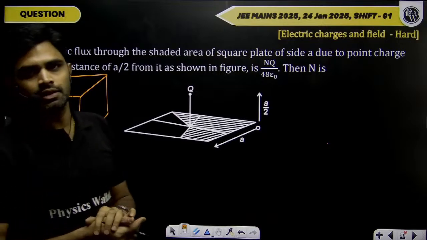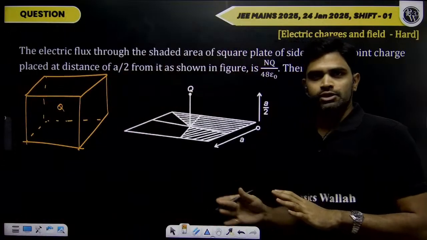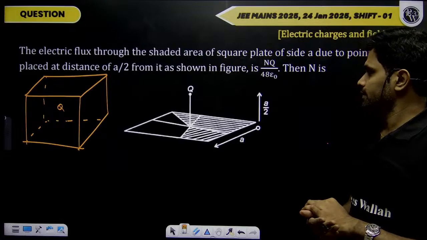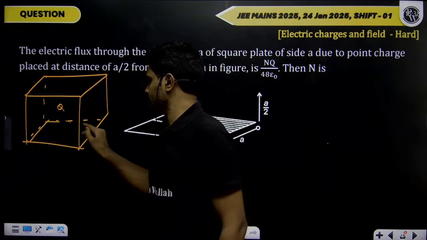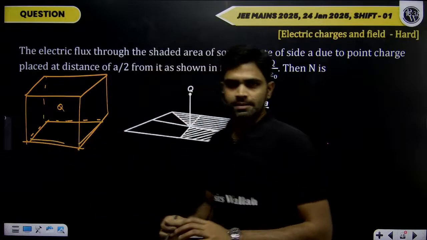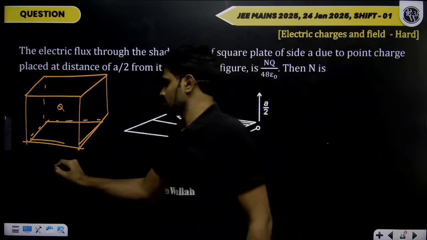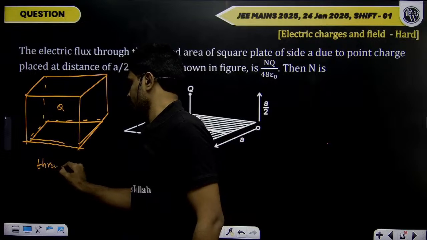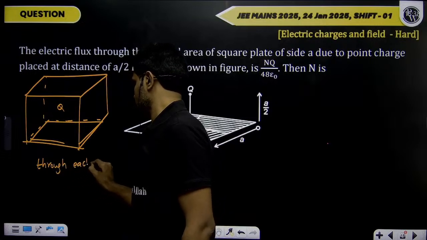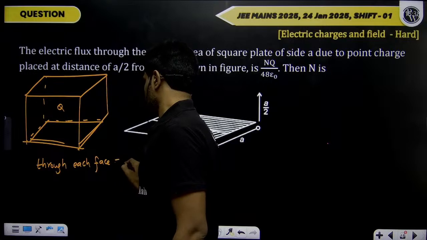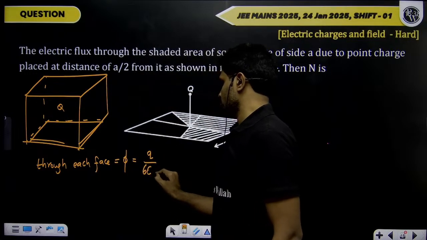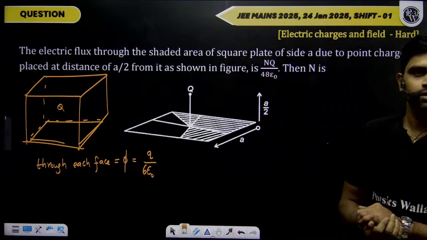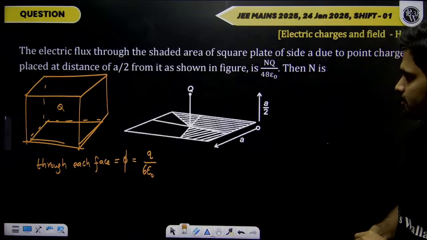Total flux through the entire cube is q by epsilon naught. Through each face, how much is it? Q by 6 epsilon naught. Through each face, flux is q by 6 epsilon naught.